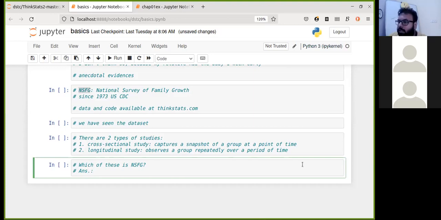Is this the data set that I have shown you about repeatedly observing a group for a period of time, or is it like getting a snapshot of a small part of the population of the United States at a given point of time? The correct answer is, it is a cross-sectional study.